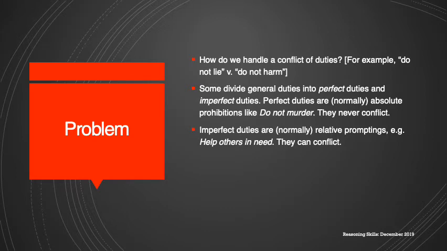What counts as need? Should you do that if you're also needy? These are all contextual matters that we have to consider with regard to imperfect duties. And because they're so sensitive to context, imperfect duties can also conflict with each other. Perfect duties are generally taken to override imperfect ones. Again, this is something you can learn more about if you study duties-based ethical theories in a philosophy class.